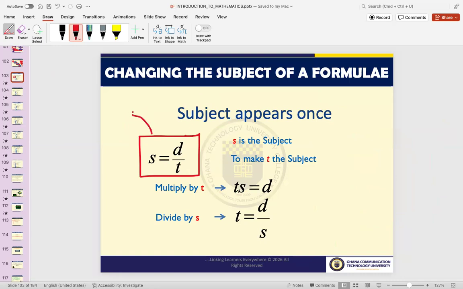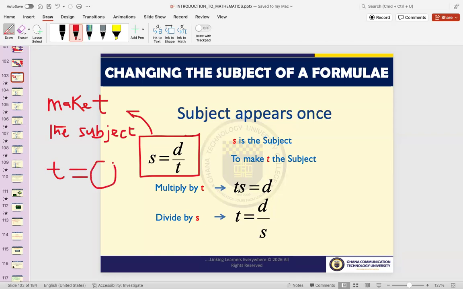If I ask you a question to make the letter T the subject, the meaning is that I want T to stand alone on the left-hand side of the equation. So if you have the equal sign, I want T to stand alone here. And then all the others can come on the right-hand side.